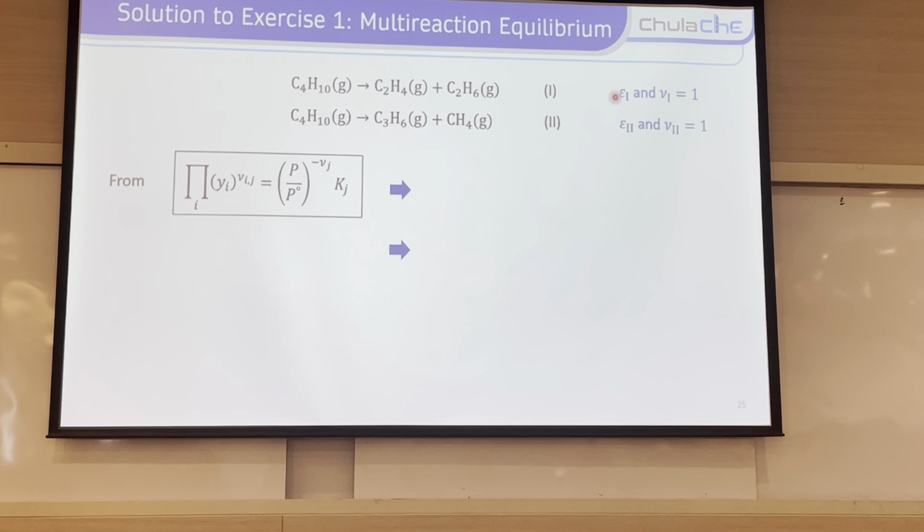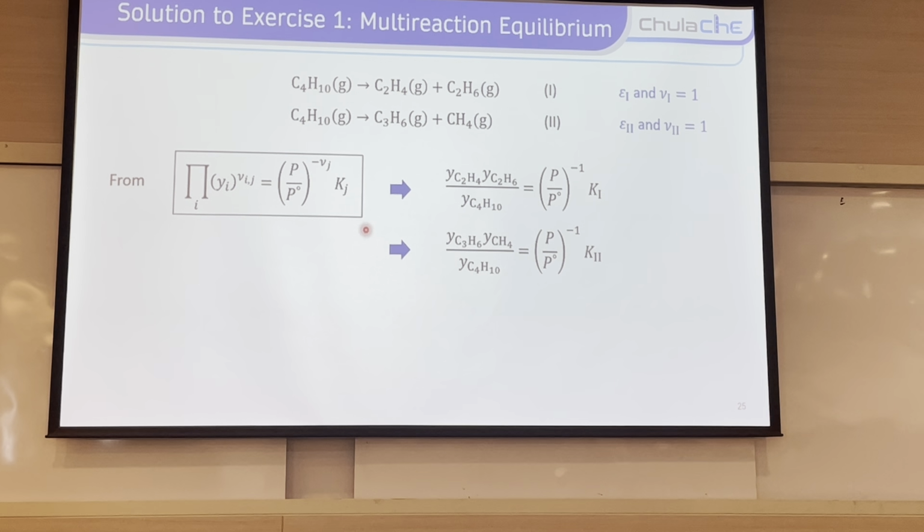So you have two values of reaction coordinate, and you have two chemical reaction equilibria as well. So when you have two reactions, you have two reaction coordinates and also two equilibrium constants. That's why you have two equations here.